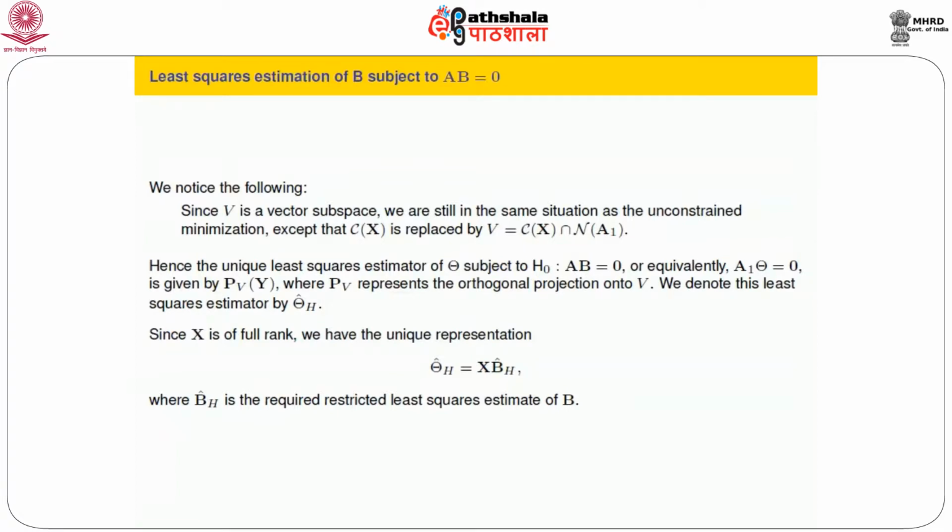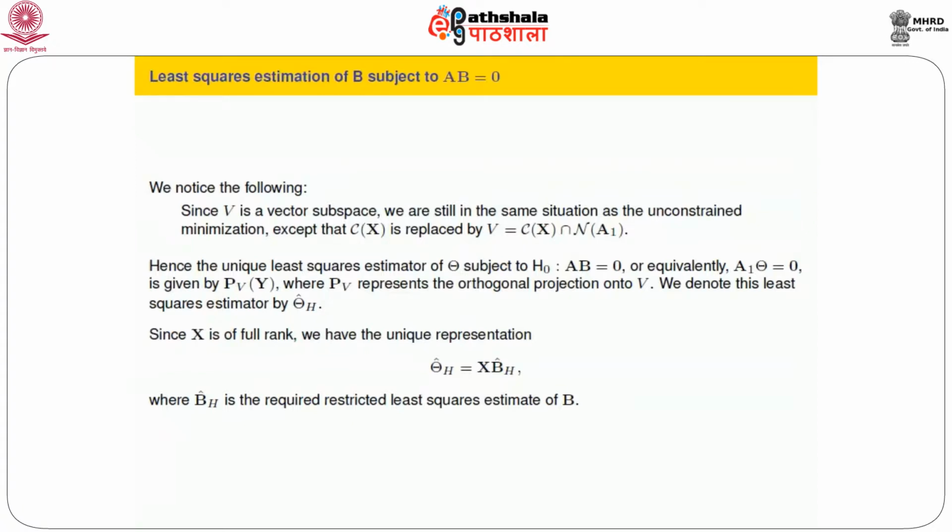I repeat, V is a subspace of Cx. So therefore the orthocomplement of V within Cx, that is Cx intersection V perp, where V perp is the orthogonal complement of V, and the projection onto this space is given by Px minus Pv. So Pv is equal to Px minus this.